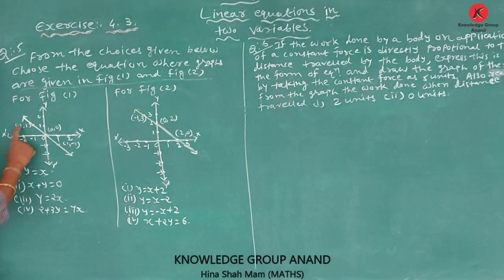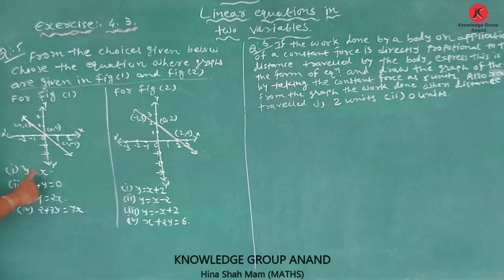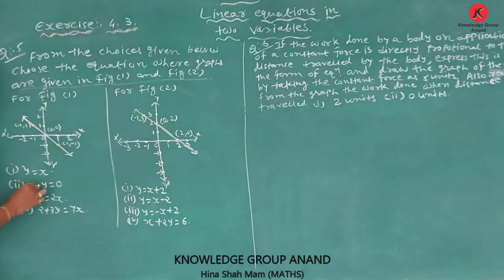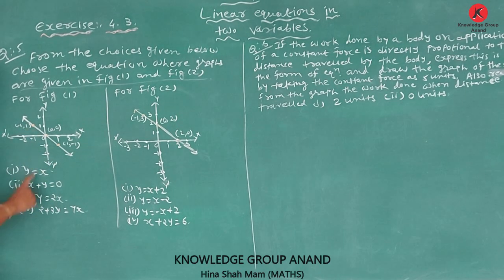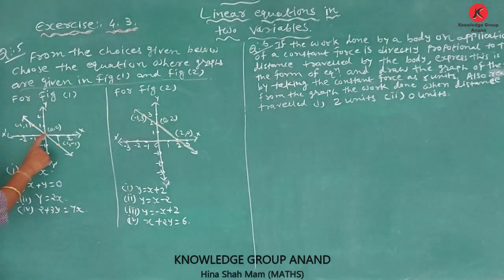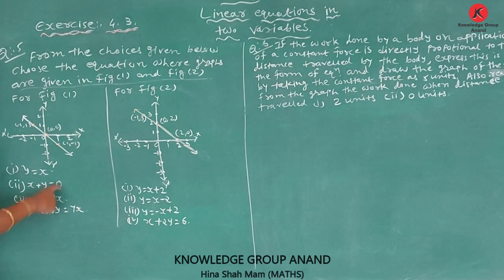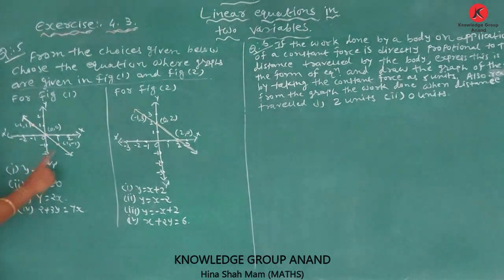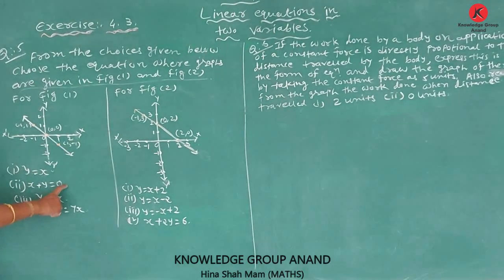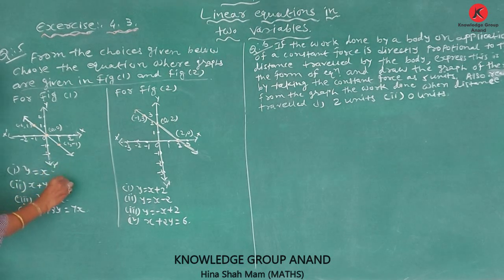Putting x equal to -1 and y equal to 1: -1 plus 1 is equal to 0, satisfied. Taking (0, 0): 0 plus 0 is equal to 0, satisfied. Taking (1, -1): 1 minus 1 is equal to 0. It satisfies all these 3 points.